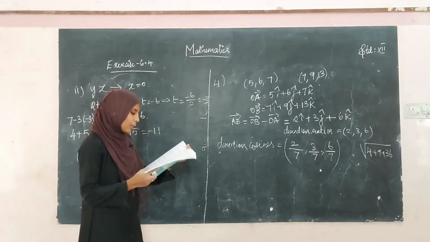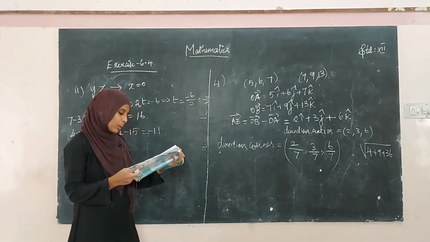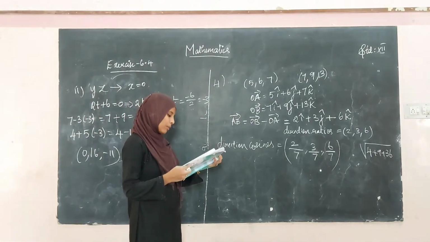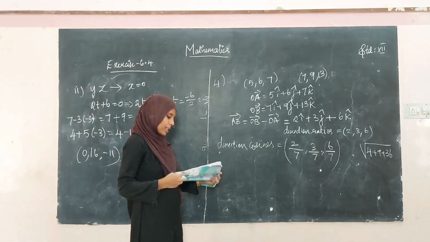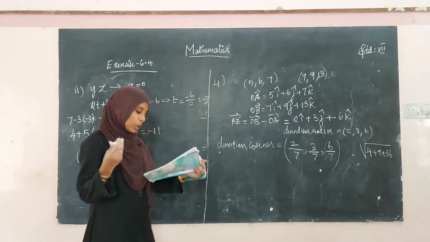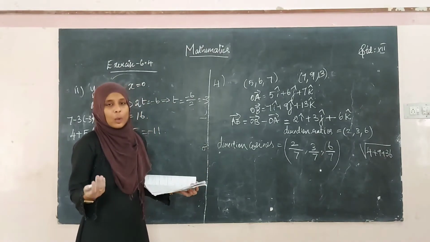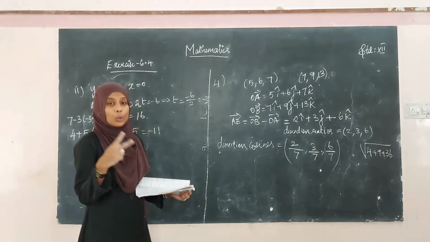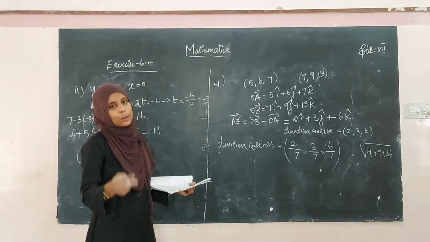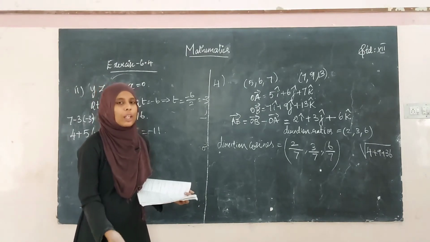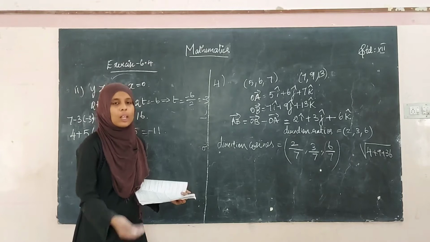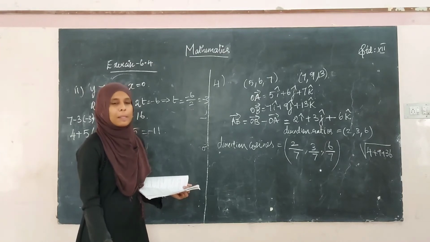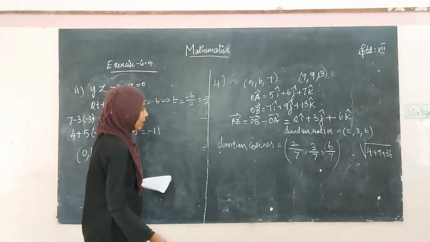Find the parametric form of vector equation and Cartesian equation of the straight line passing through the two given points. So what they have given is the parametric form of the straight line when it is passing through two points. If they ask for the vector equation of a line passing through 2 points, how will you find it? You can use the formula r vector is equal to a vector plus t into b vector minus a vector, right?